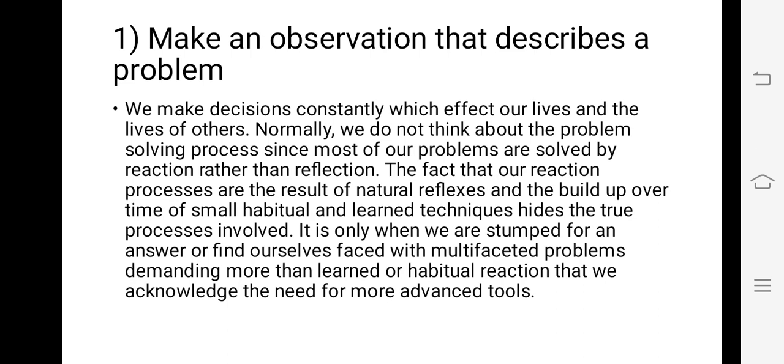The fact that our reaction processes are the result of natural reflexes and built up over time of small habitual and learned techniques hides the true processes involved. It is only when we are stumped for an answer or find ourselves faced with multifaceted problems demanding more than learned or habitual reaction that we acknowledge the need for more advanced tools.